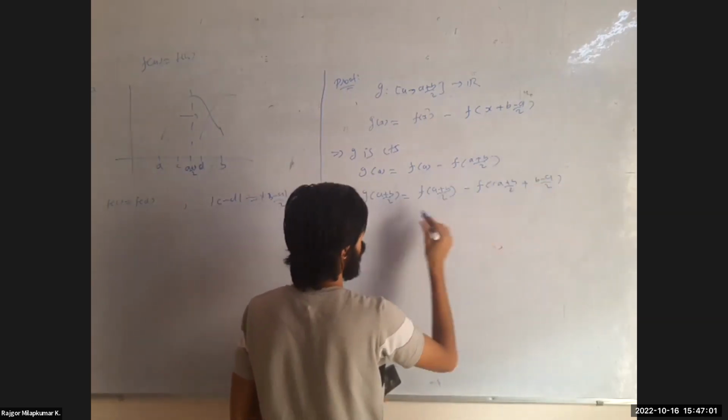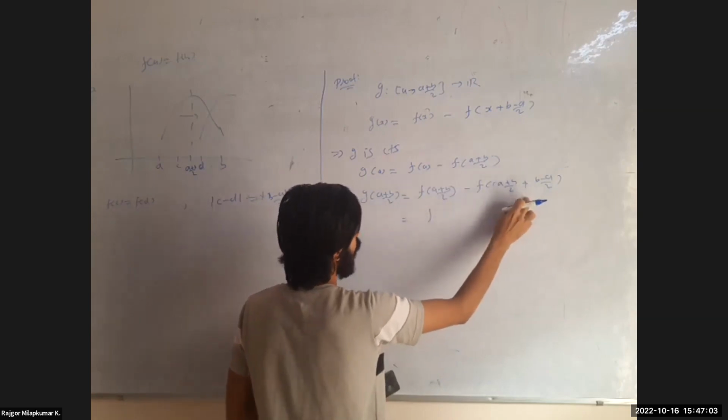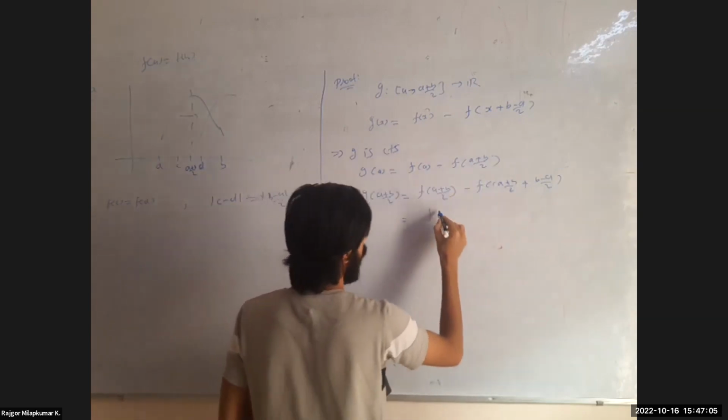So a by 2 gets cancelled, and this is f((a+b)/2) minus f(b), and f(b) equals f(a).